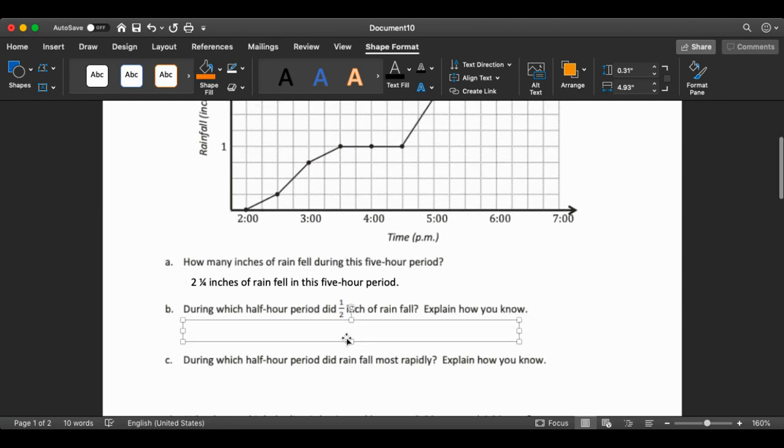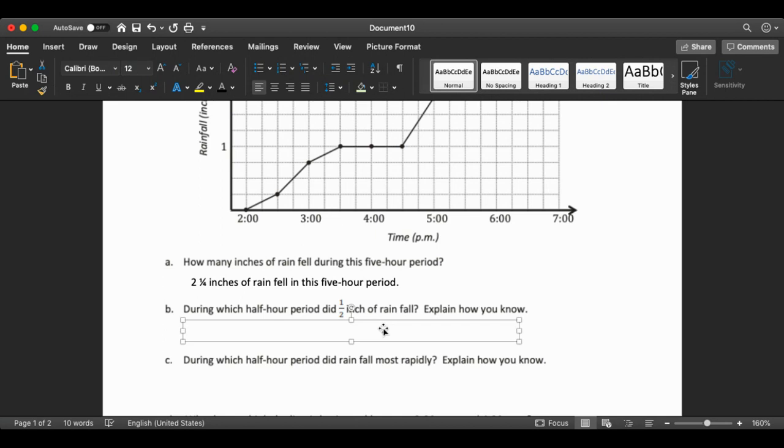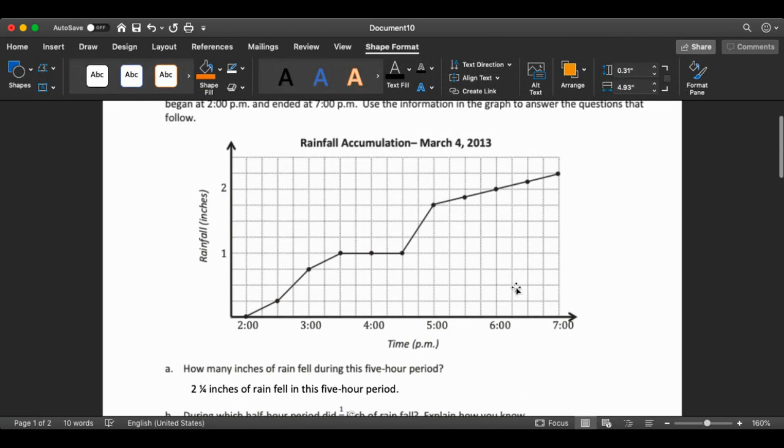Next, they ask us, during which half-hour period did 1/2 inch of rain fall? Okay, so I need to find where 1/2 inch of rain fell. However, that doesn't mean that the data point is going to be along this 1/2 inch.